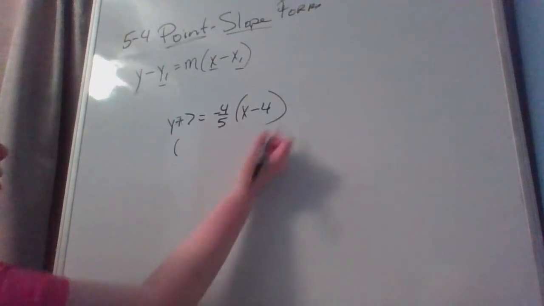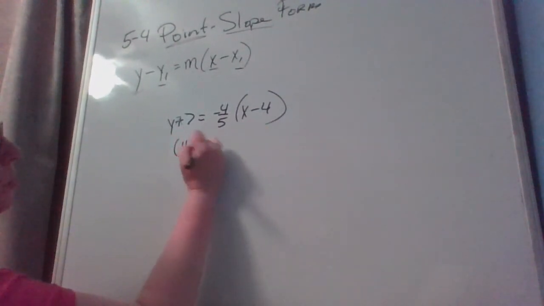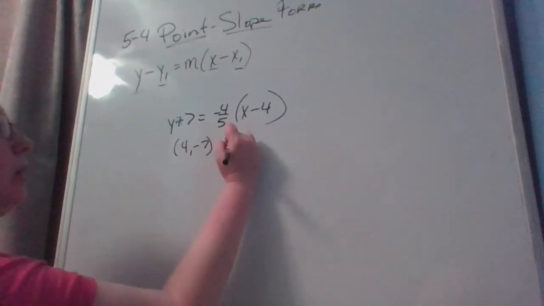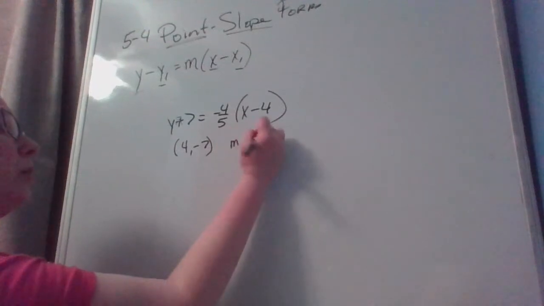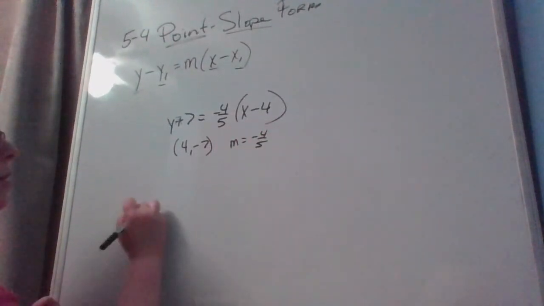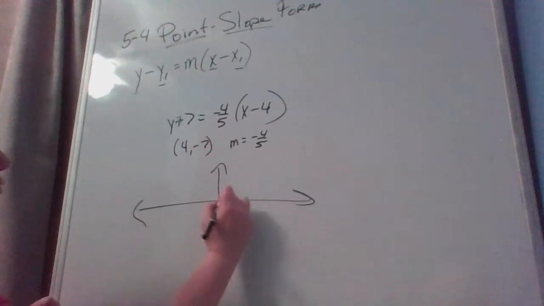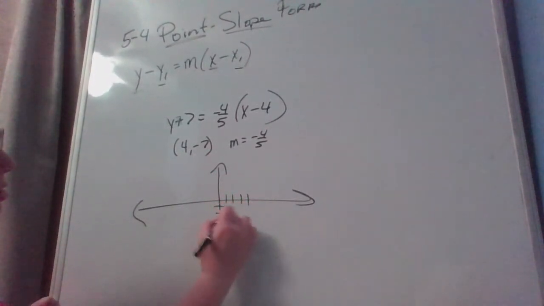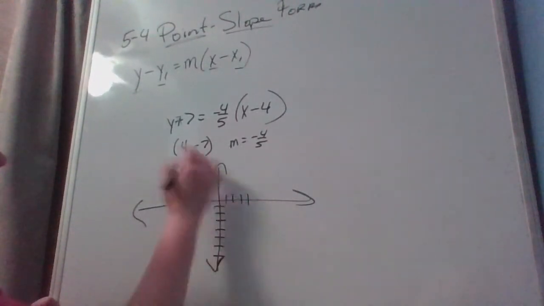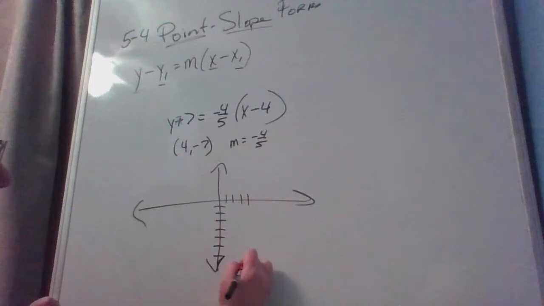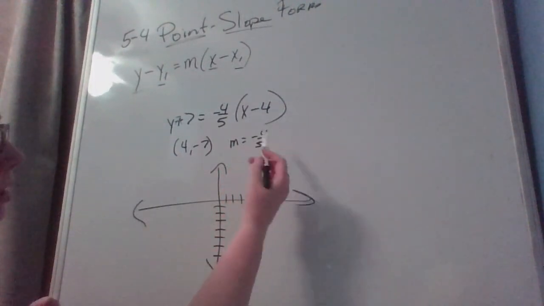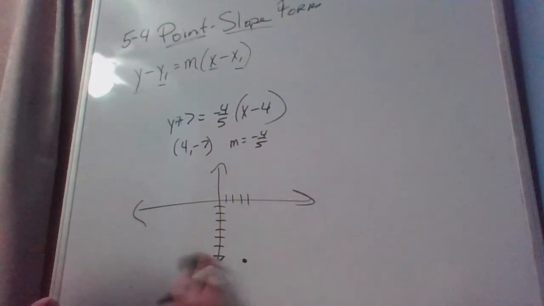So our order pair that they have given us here is 4, -7, and our slope is -4/5. So when we go to graph this, we're starting at 4, -7, and then our slope is -4/5.